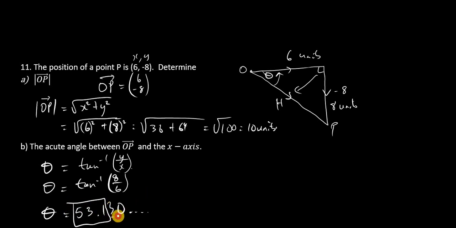The first digit we're chopping off is less than 5, so we maintain the last digit, which is part of the required amount. So it will be 53.1 degrees. Again, angles we measure in degrees.